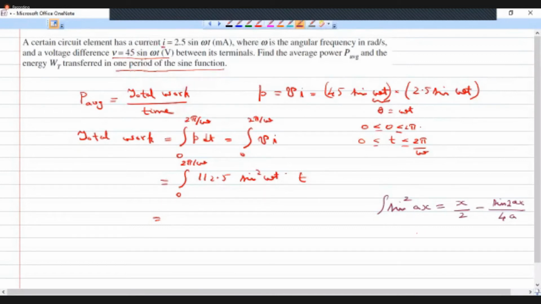Here we have a is equal to omega and x is equal to t, right? So you can integrate this using this relationship, and you will get the work done in terms of omega.